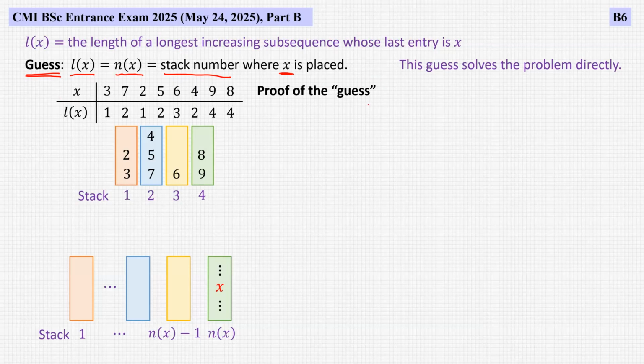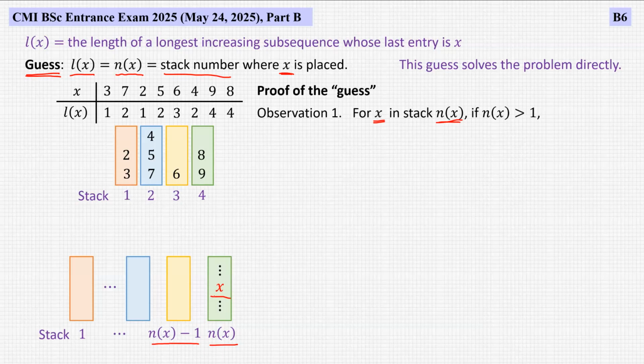Two observations are critical for this proof. Observation 1. First, consider an entry x which is placed in stack n(x). I will omit the trivial case in which n(x) equals 1. Here, x being in stack n(x) implies that x has to skip or jump over the previous stack, which is stack n(x) minus 1.